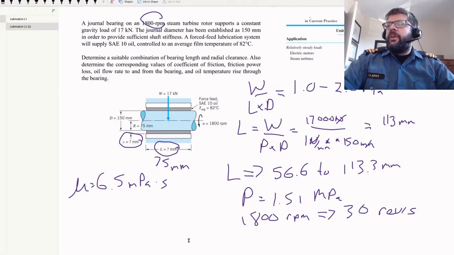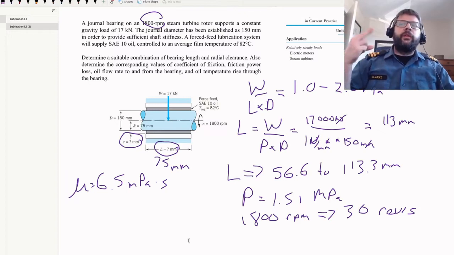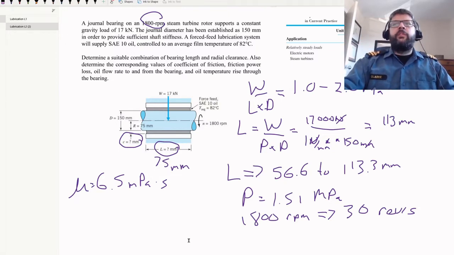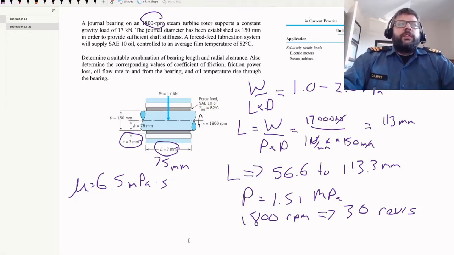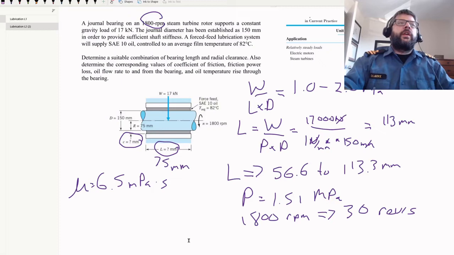So we've got our N, we got our P, we got our U, we've got our radius. We don't know what our clearance is yet, and that's the only thing left for determining where we're going to be sitting on our hydrodynamic performance charts.